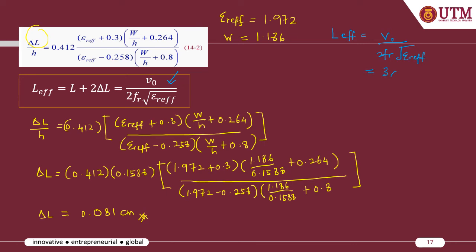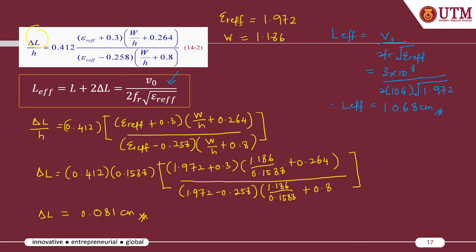So 3 times 10 to the power of 8, 2 and 10 GHz, and epsilon reff 1.972. So L effective equals 1.068 cm.